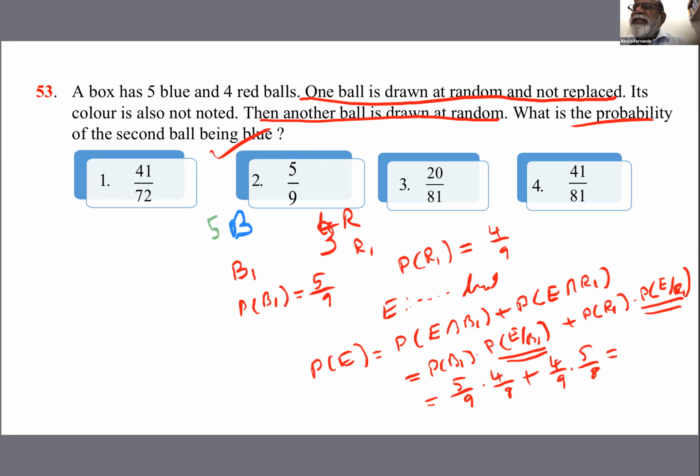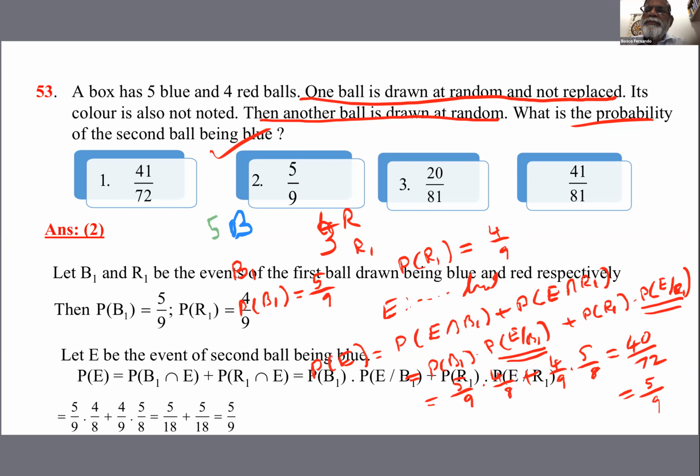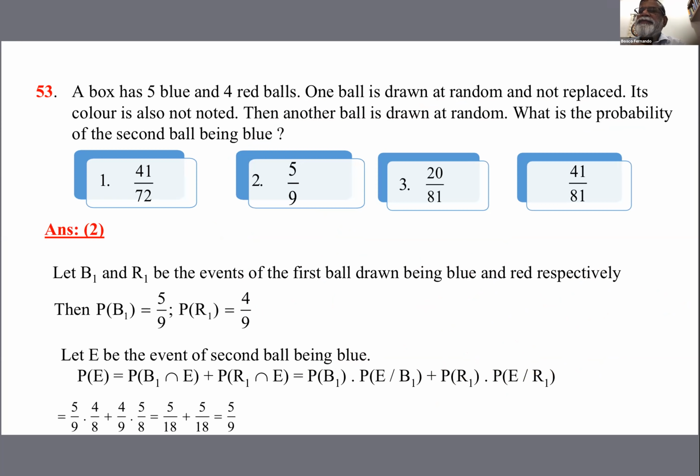So 20 plus 20, 40, that is 40/72. So 8 goes. So it is 5/9. So that is the answer. 5/9 is the answer.